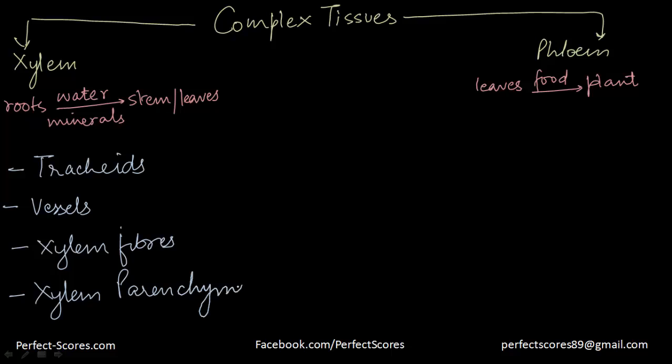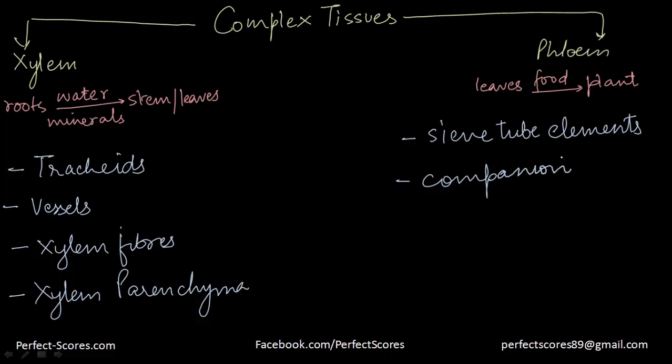Coming to phloem, there are again four parts of the phloem tissue, that is sieve-tube elements, after that, companion cells, phloem parenchyma, and finally phloem fibers.